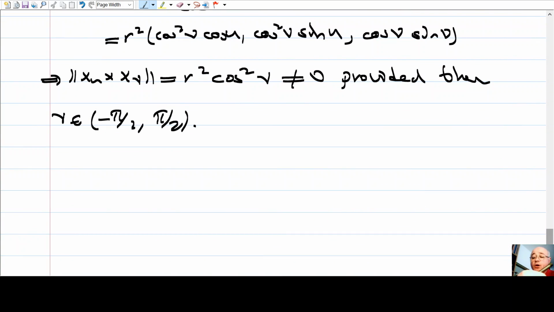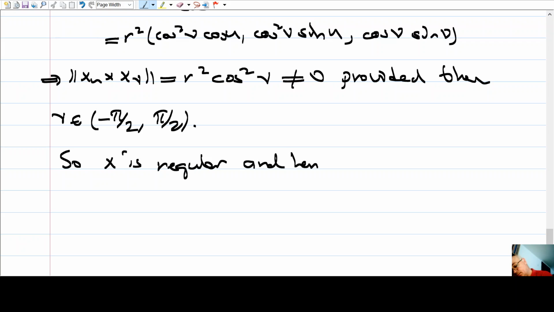If you want to consider a parameterization for the North Pole and South Pole, then you have to choose a different parameterization, playing with the coordinates. In particular, x is regular, and hence a parameterization.